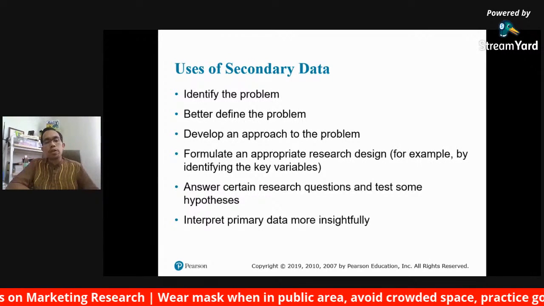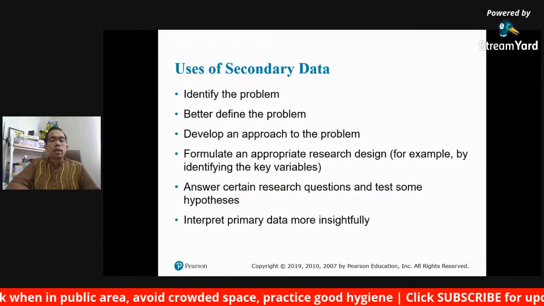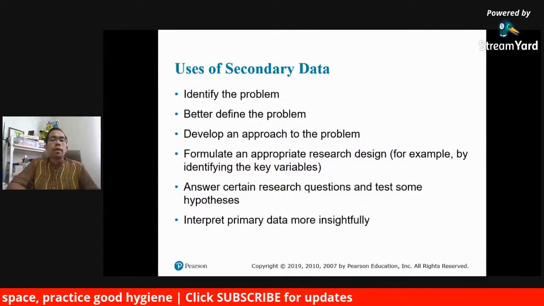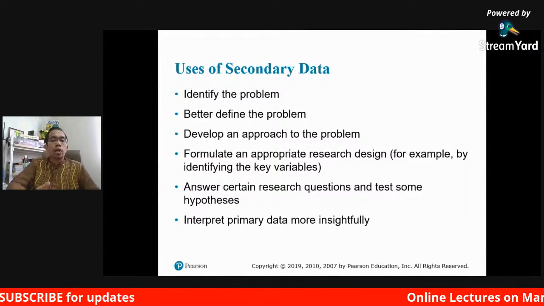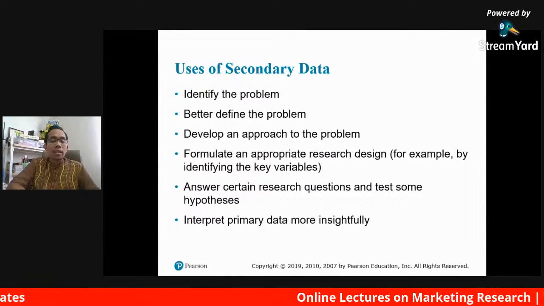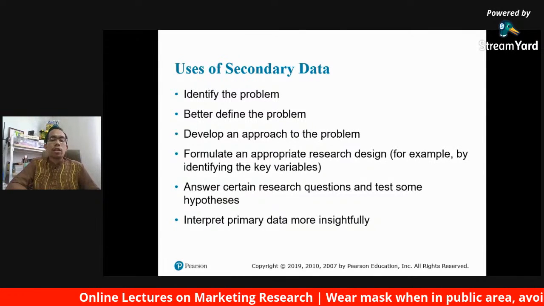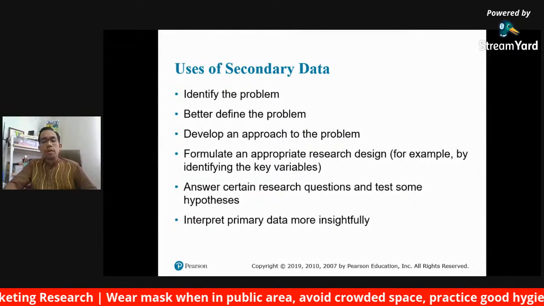And during the interpretation of primary data, it is the way we enhance and strengthen our arguments, using the secondary data to give very insightful information.